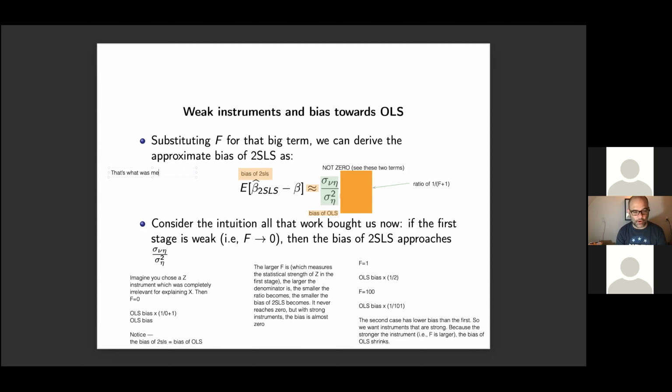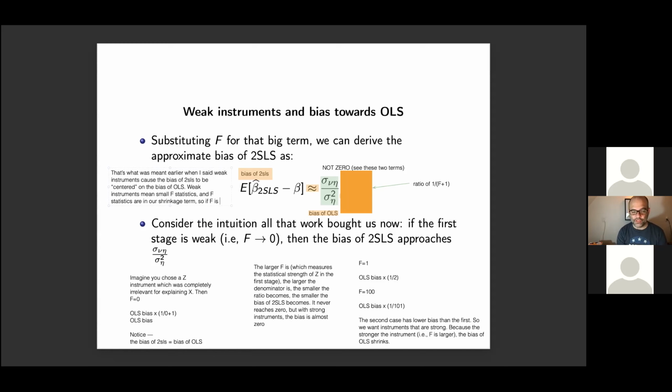And that's what was meant earlier when I said weak instruments cause the bias of two-stage least squares to be centered on the bias of OLS. Because weak instruments mean small F statistics, and F statistics are in our shrinkage term.